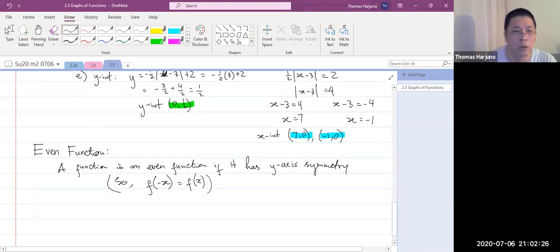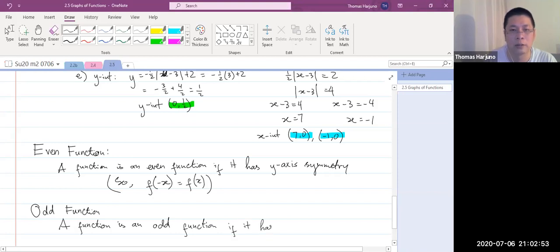Now, how about odd functions? A function is an odd function if it has origin symmetry.